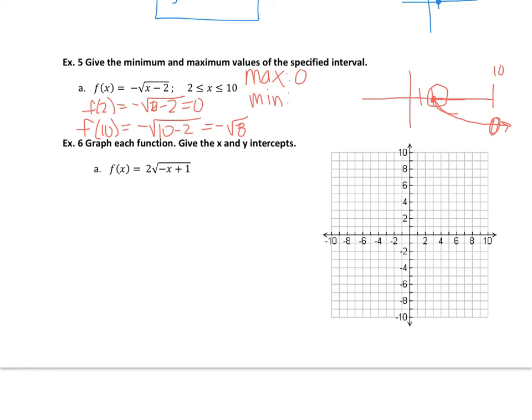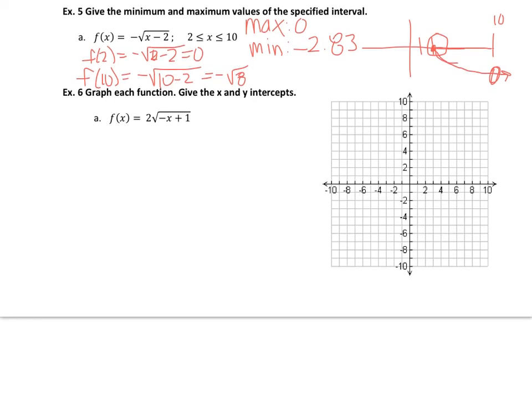But when you plug in negative square root of 8, you get about negative 2.83. And so you can also write it like that. And that's all it's wanting. It's just wanting you to isolate a certain interval, pick out the highest number, the maximum, pick out the lowest number, the minimum, and give those values.